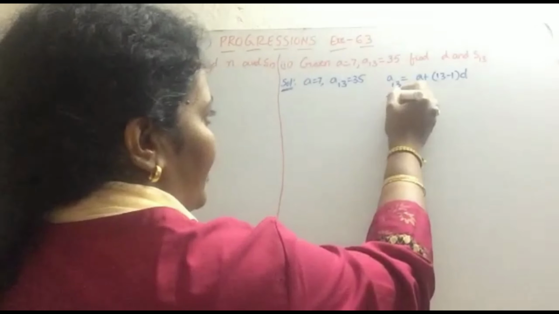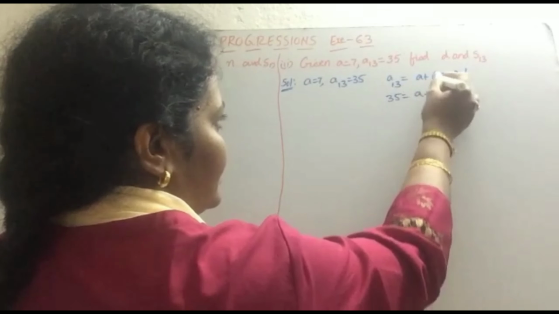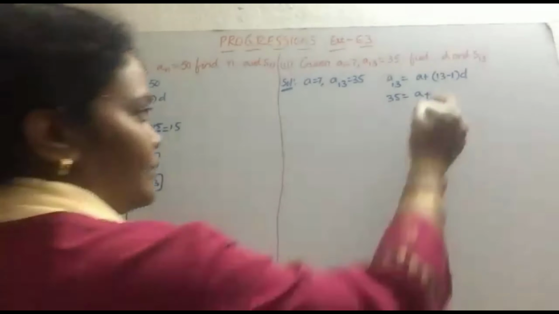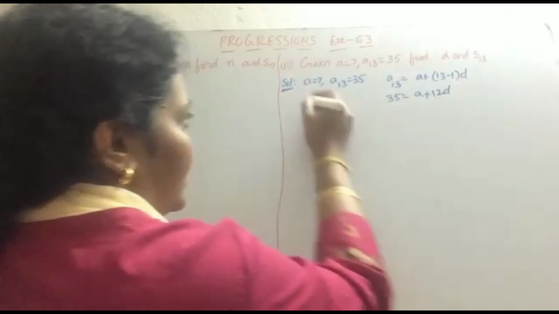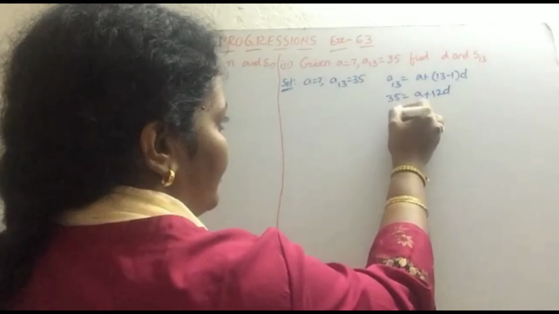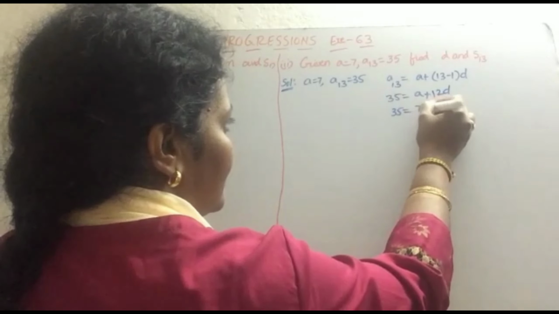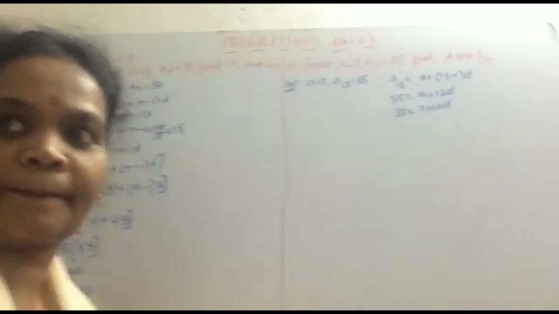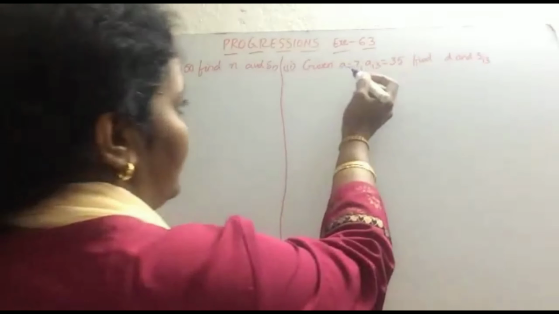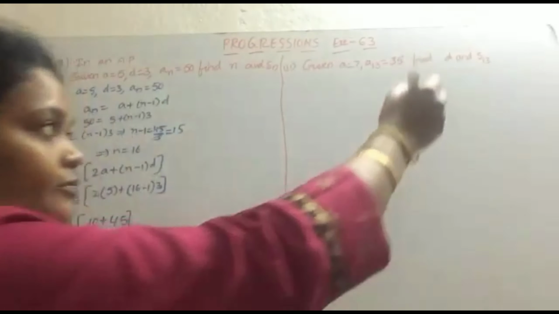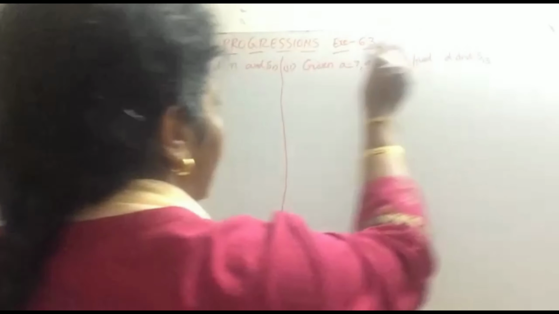So 35 is equal to a plus 13 minus 1, 12d. They give a is equal to 7. So 35 is equal to 7 plus 12d.